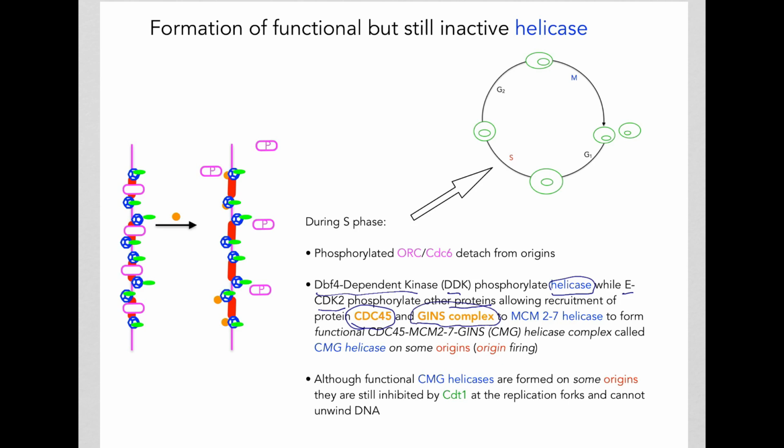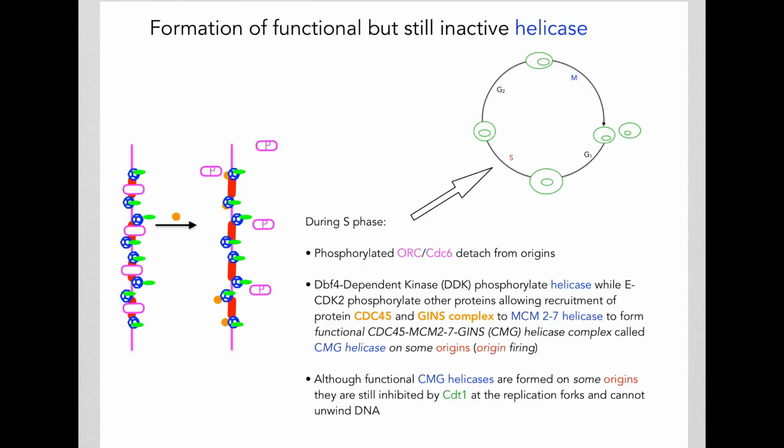It allows the recruitment of these proteins onto the MCM2-7 helicase, and this happens only on some origins. So these proteins are recruited to some origins.